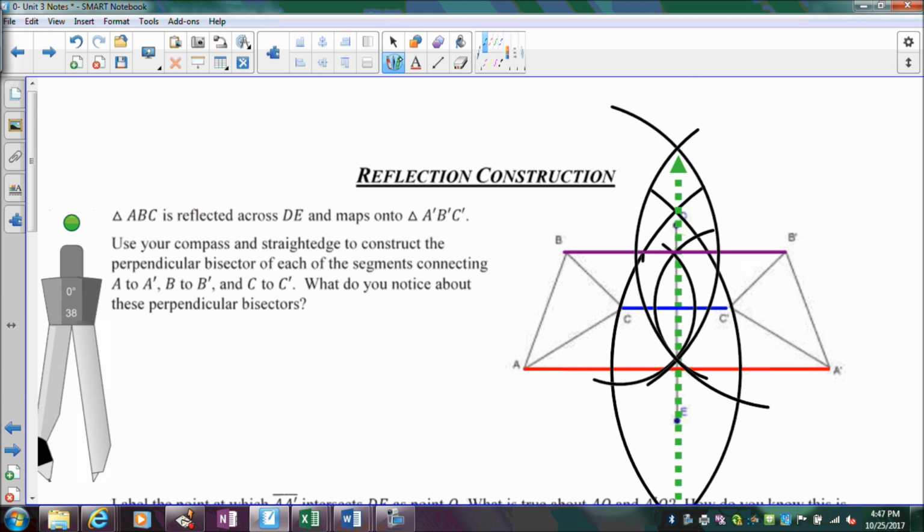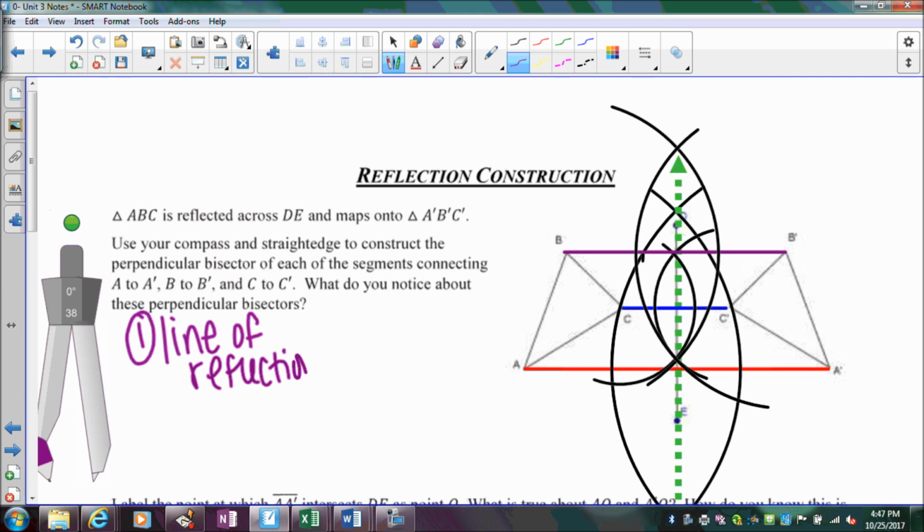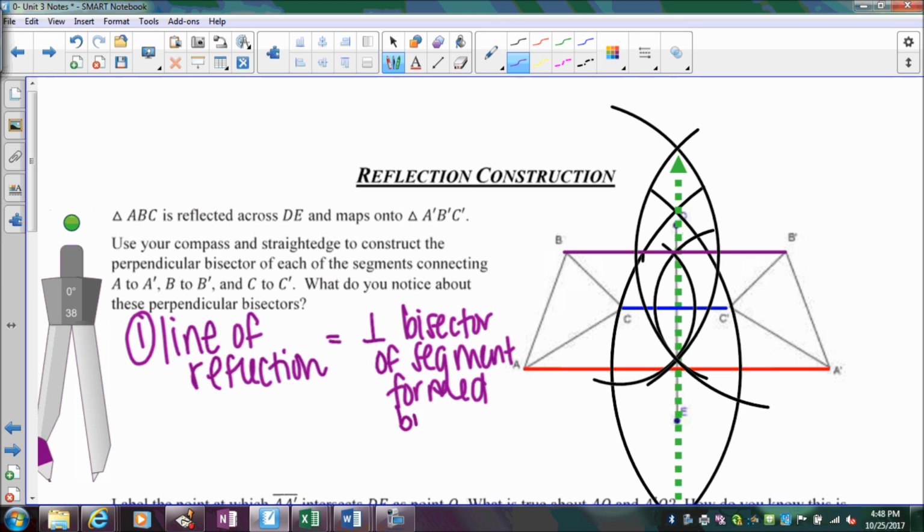That's one conclusion I can make: the line of reflection is the perpendicular bisector of the segment formed by each pre-image and image point, meaning B and B prime, C and C prime.